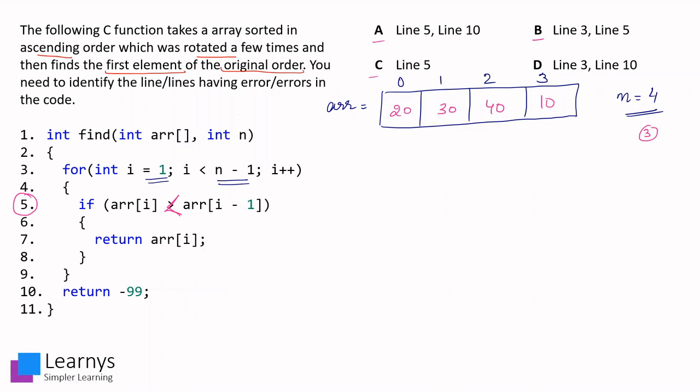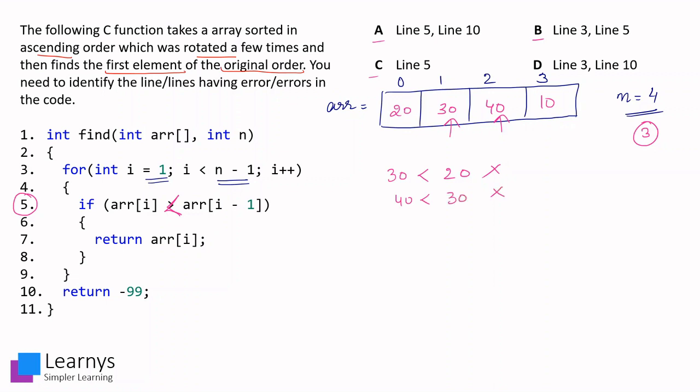So my n value is 4. My loop will run from i equals 1 till i less than n minus 1, that is n minus 1 is 3. So it will run till over here. First time it will check whether 30 is less than the value just before it, 20, which is false. Then it will check for i value 2 whether 40 is less than the value just before it, that is 30, which is also false.